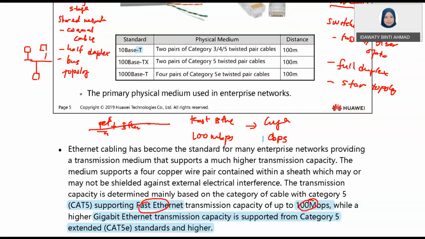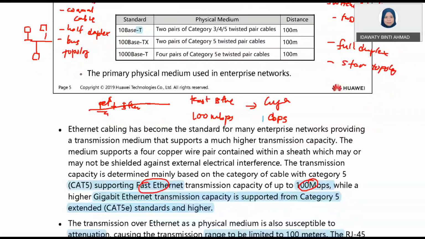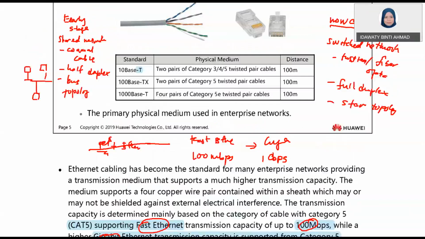Here it is mentioned that the cable you can use for gigabit Ethernet is Cat 5e and above. This one is 10 megabit per second, and T here means twisted.